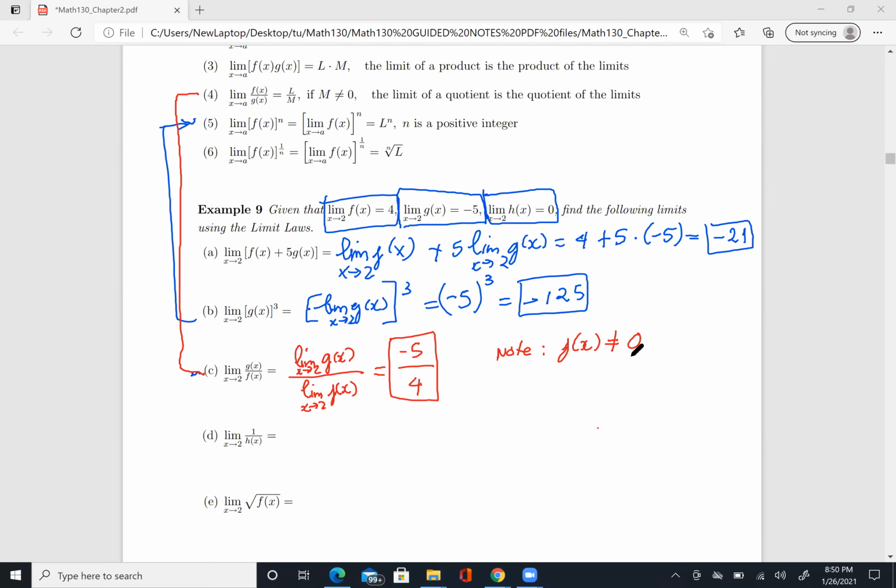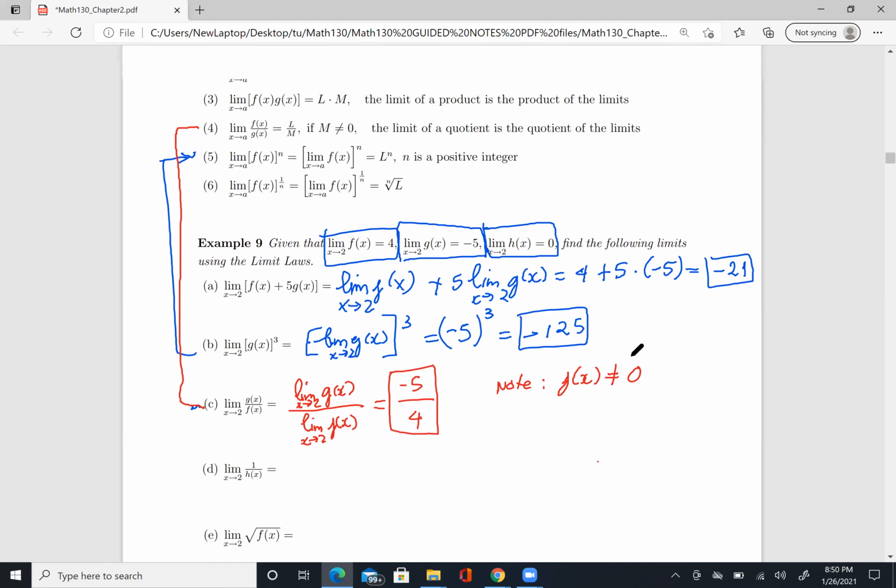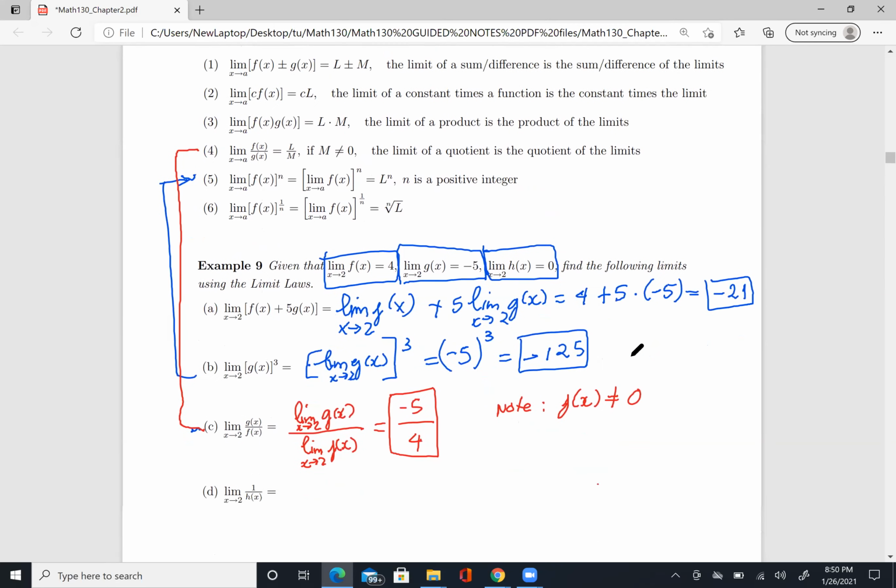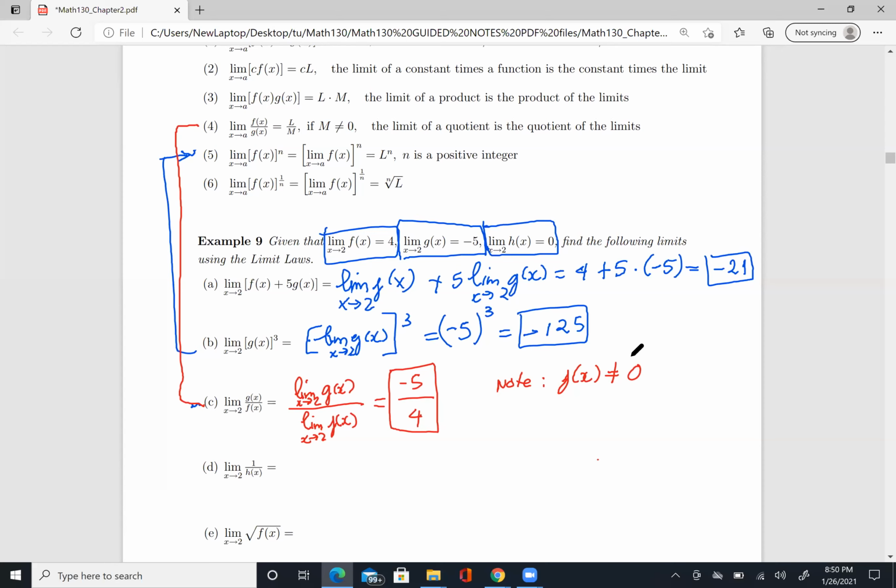Okay, now let's move to problem D here. I have the limit of 1 over h(x) when x goes to 2. For this problem, let me write it as... Okay, so remember that this one is not equal to 1 over the limit of h(x).